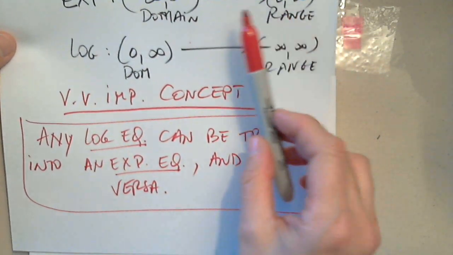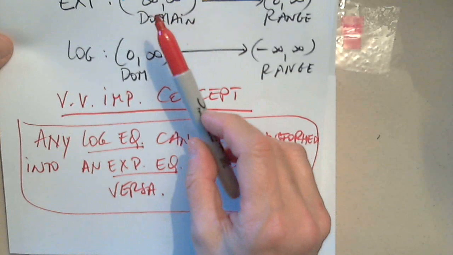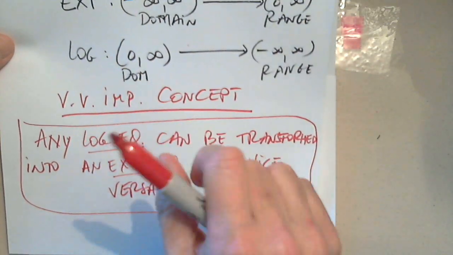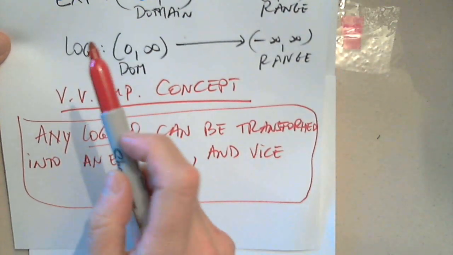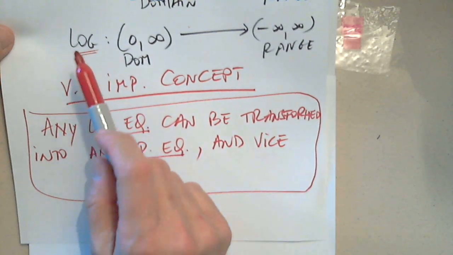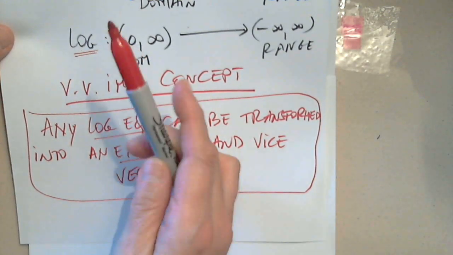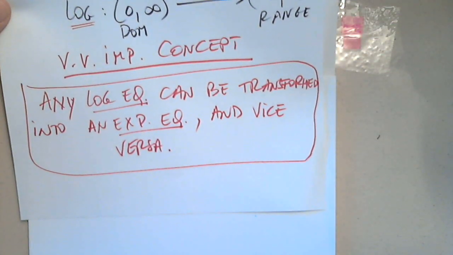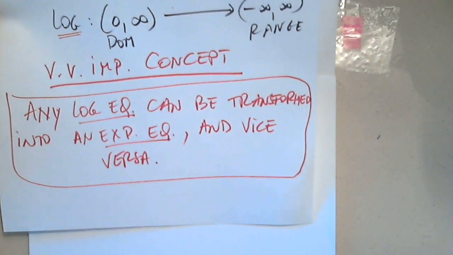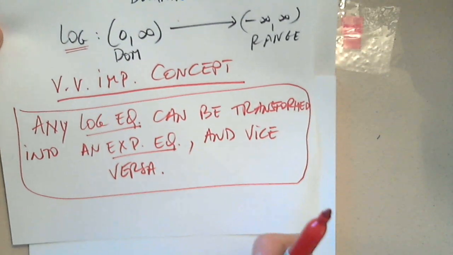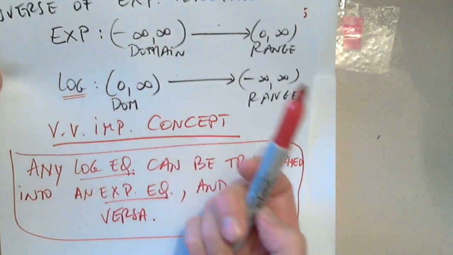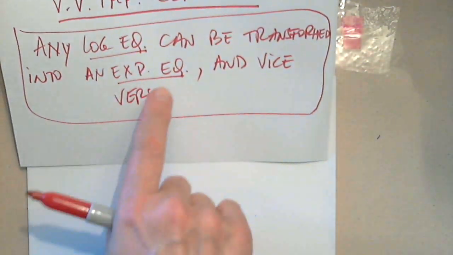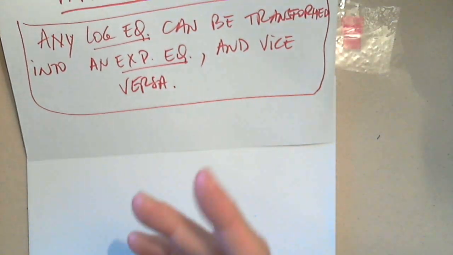I established that the exponential, as before, has domain and range, and then the log has to have them reversed. I established that this is not a friendly function. It has a vertical asymptote at 0, and it's defined only for positive numbers. But I have not shown you why log is the inverse of the exponential. Now I'm ready. Knowing this concept, we can explain.